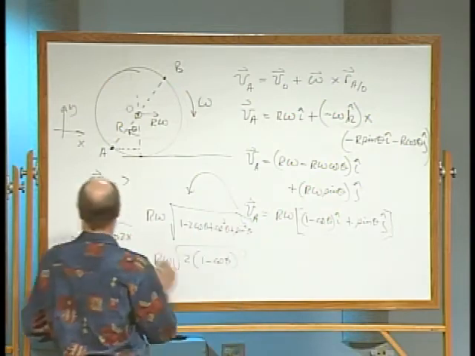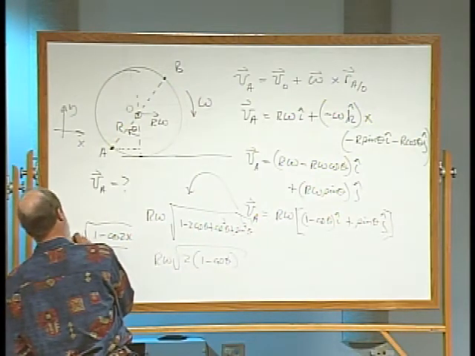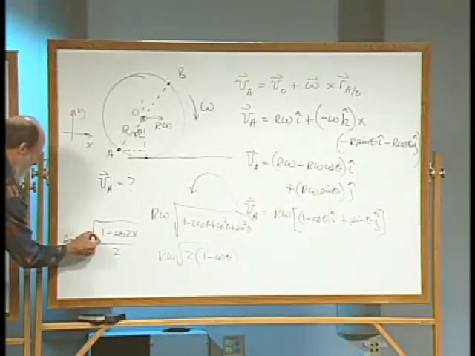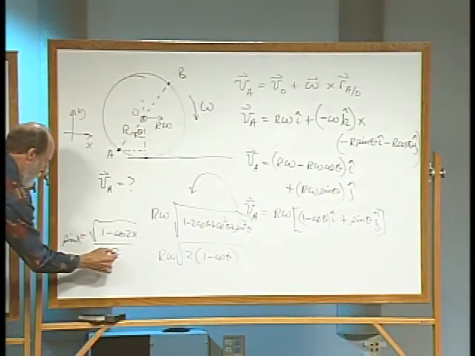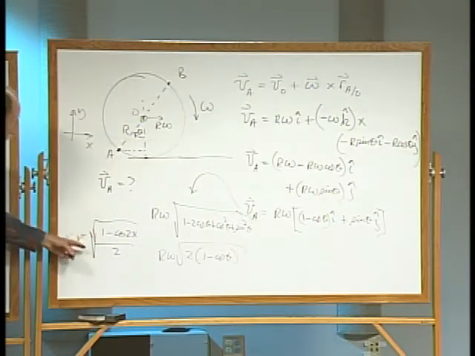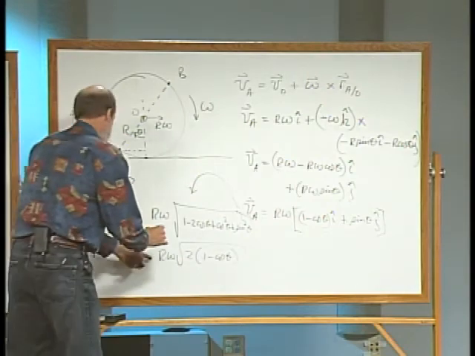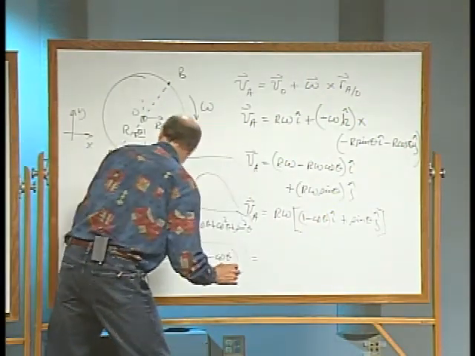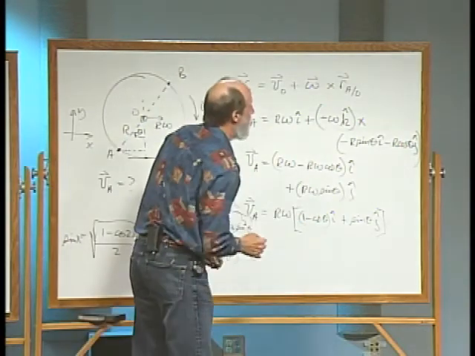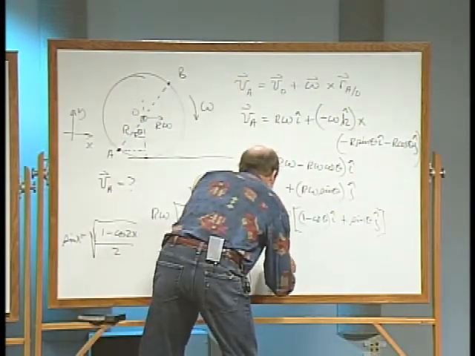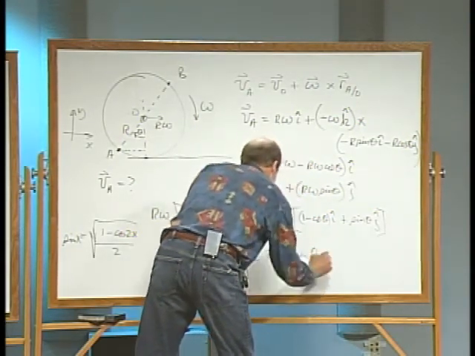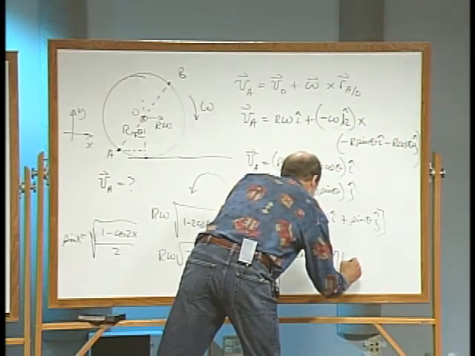It would be sine. That square root is inside the radical. And so you can transform this into that expression, and we end up with their answer, which is twice R omega sine of theta over 2, for the velocity of A.